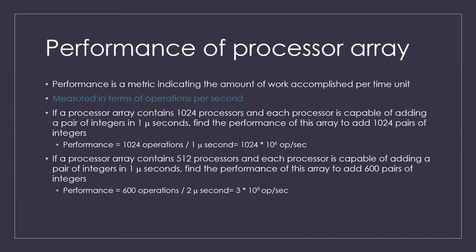So here it takes 2 microseconds to complete the entire 600 additions. And 600 divided by 2 microseconds is equal to 600 divided by 2 into 10 raised to minus 6, which is equal to 300 into 10 raised to 6, which is simplified into 3 into 10 raised to 8 operations per second.